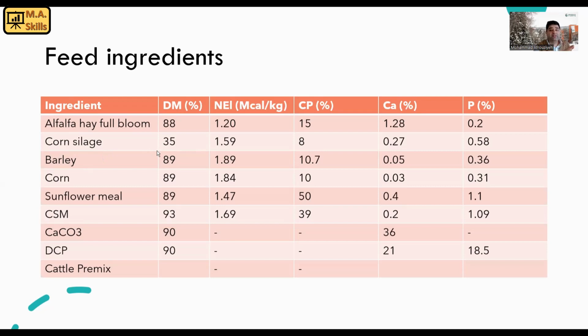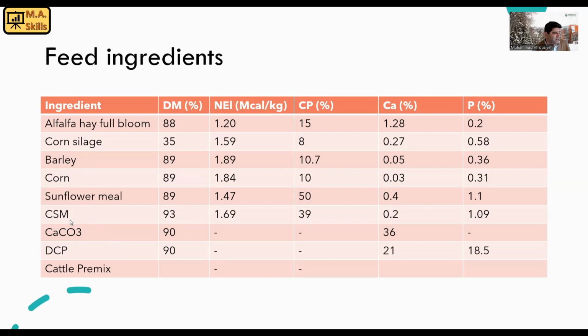We need to keep this in mind when we are going to convert the amount of feed from dry matter basis to as-fed basis. I'm just emphasizing this, so you keep this in mind. And of course, for the concentrate part, I have decided to go with barley, corn, and sunflower meal.